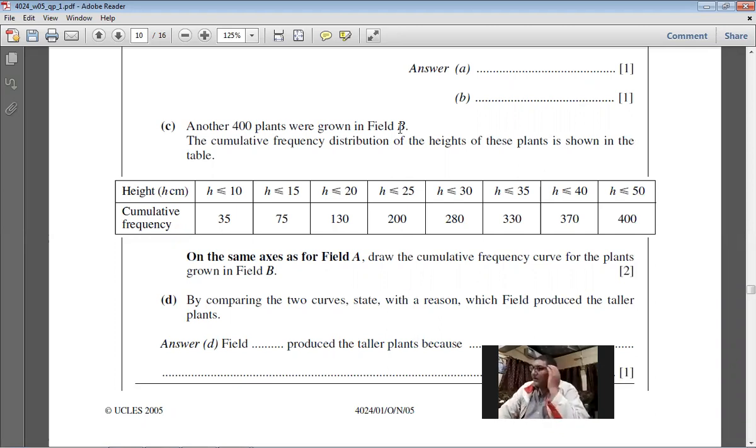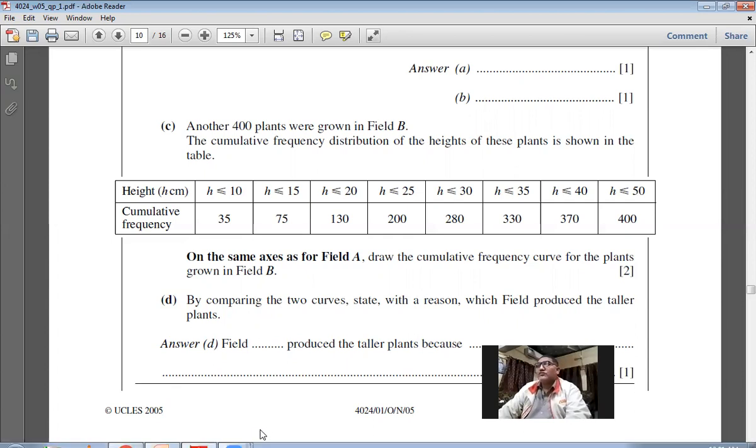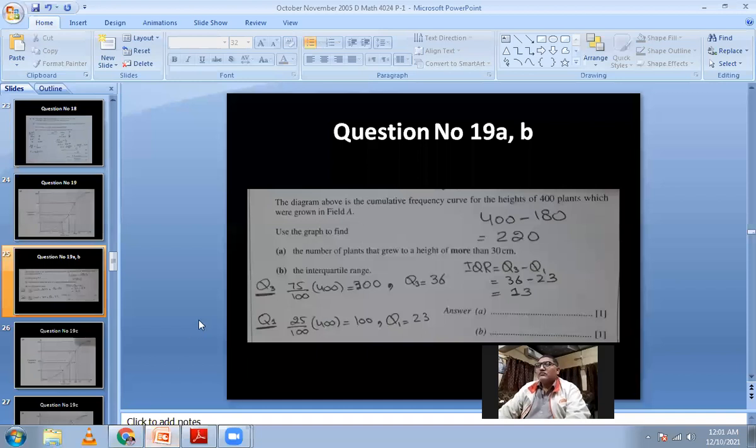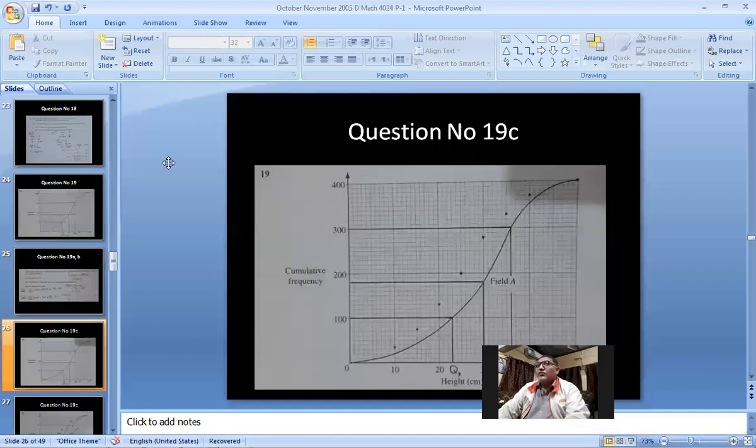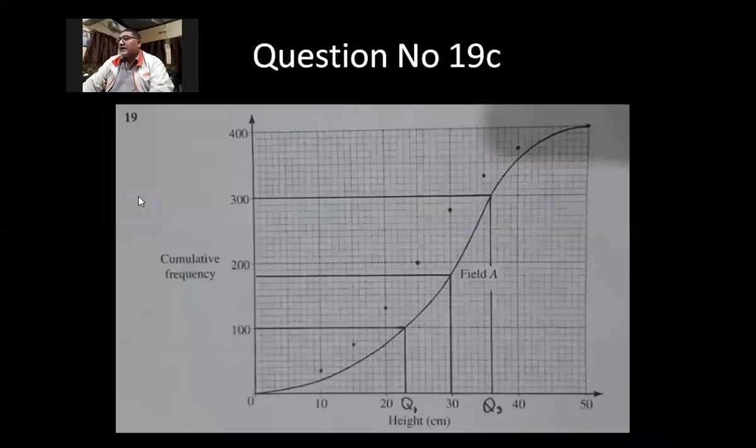So we have to decide which field is producing the taller plants. Okay. So here you can see that I have plotted the points which were given for the field B. I have plotted this point, this point, this point, and so on.